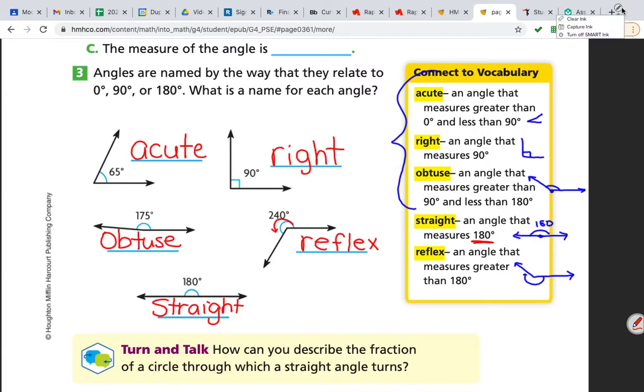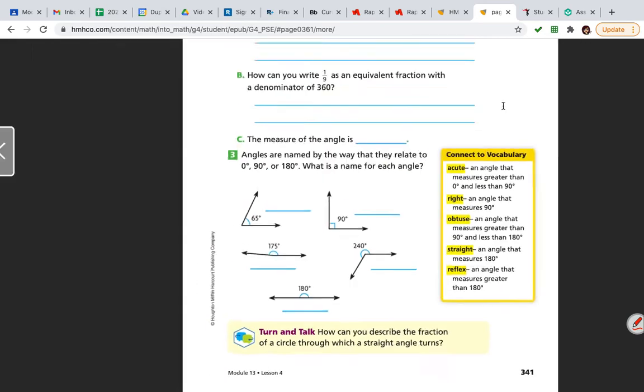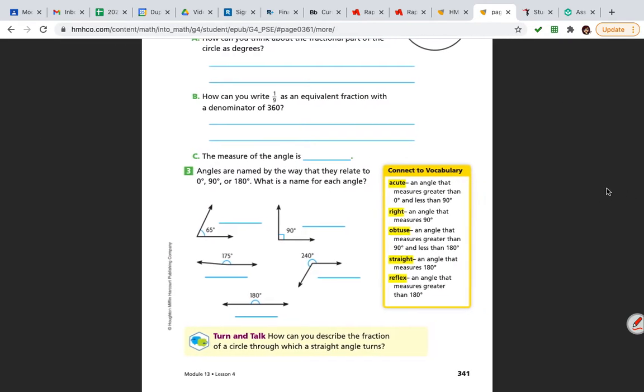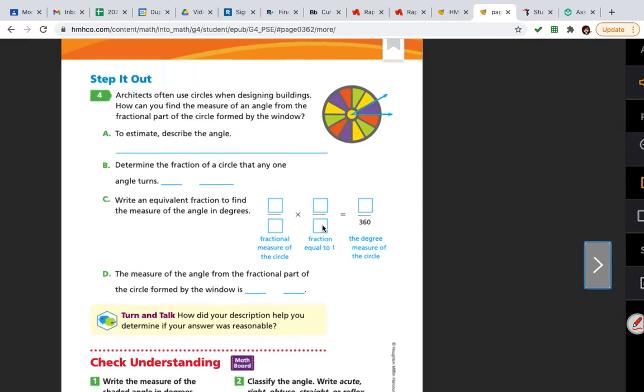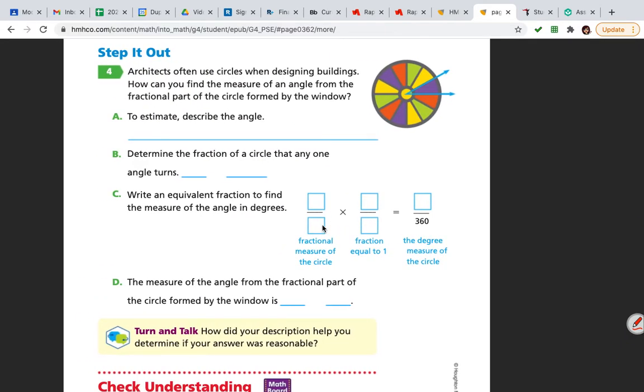On the next page, we're still not finished, guys. Almost done. At the top of page 342, we're going to look at this picture. So it looks like a dartboard or something. It says, architects often use circles when describing buildings.